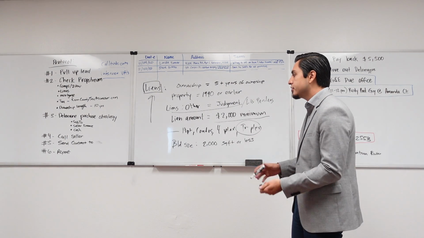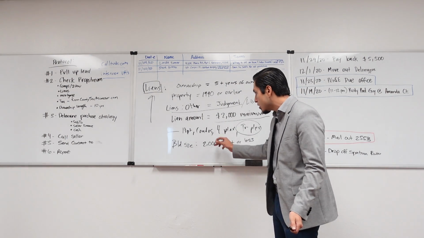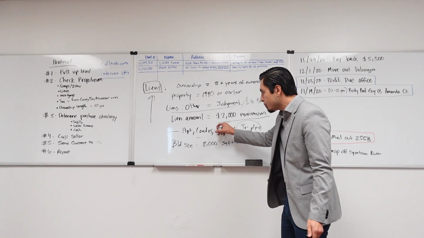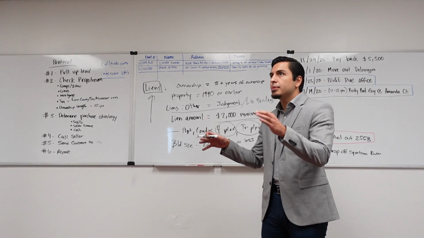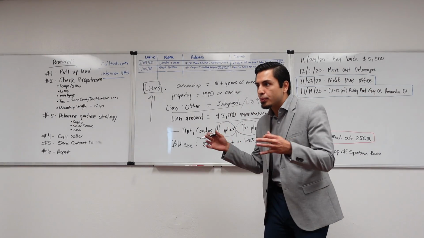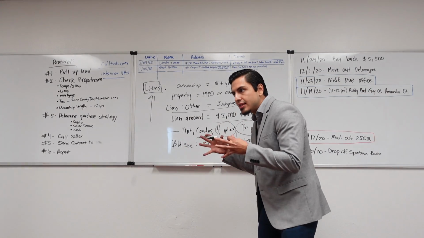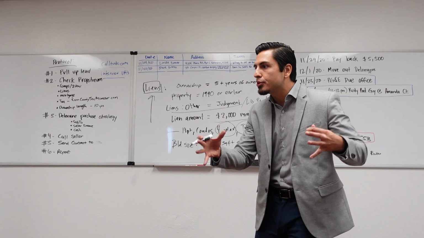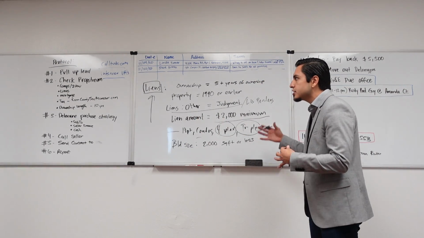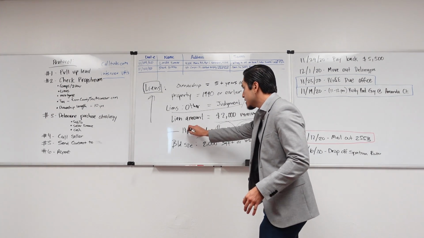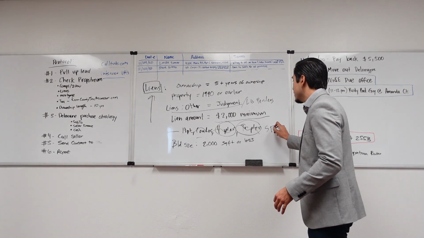As you get better, then you'll be able to start doing fix and flips on condos. You'll be able to buy a fourplex that has been vacant, fix the 4 apartments, put tenants in it, rent it out, and then sell it as an investment property to a doctor. You get what I'm saying? So there are different strategies for liens, but I would say focus right here on single family.